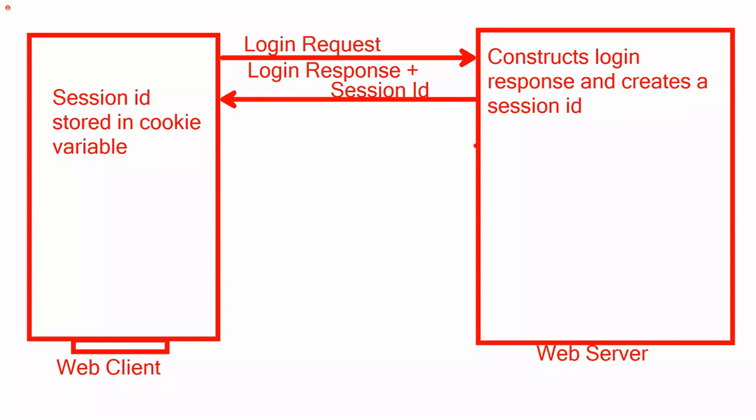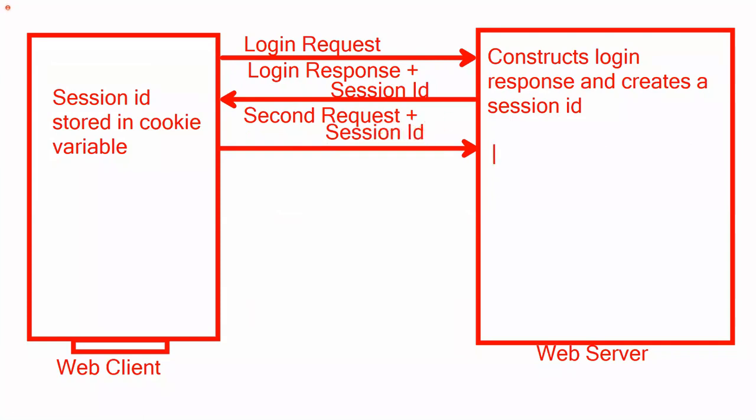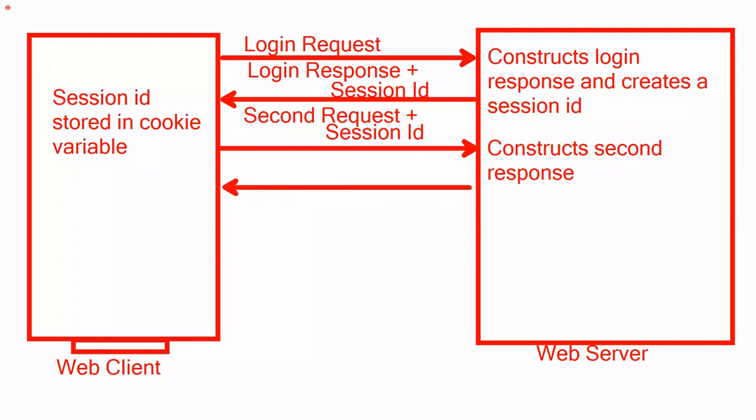After that, you will send the second request. You will select some shopping items. With those items, the ID is also passed. Second request plus session ID. Here the server constructs the second response. Just the second response is passed.